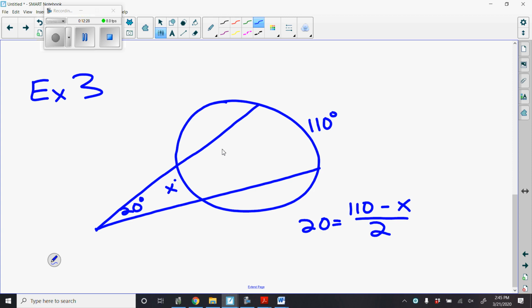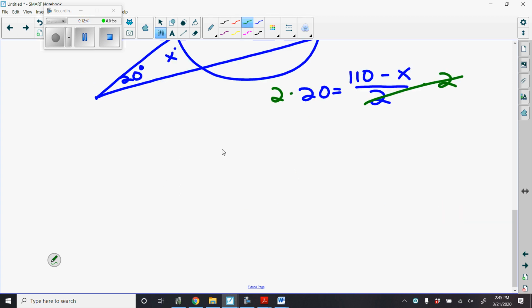Again, I got to solve for x. So the first thing I have to do here is multiply by 2. Do it to both sides, and I get 40 equals 110 minus x.